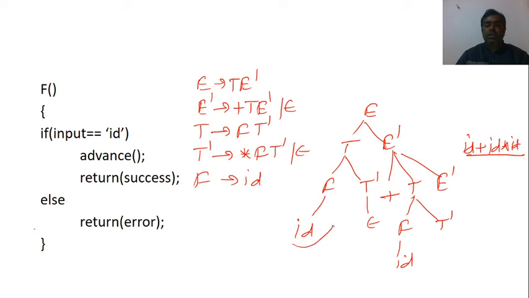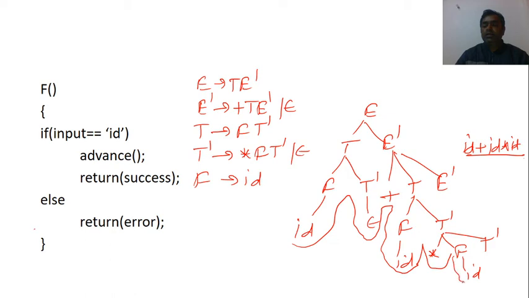So you can see here ID, empty, plus ID, and this T prime goes to asterisk F T prime, ID asterisk, and this one F goes to ID, asterisk ID, then T prime goes to empty, then this E prime goes to empty.